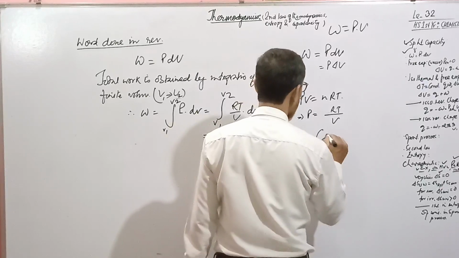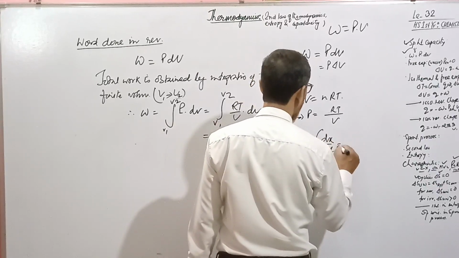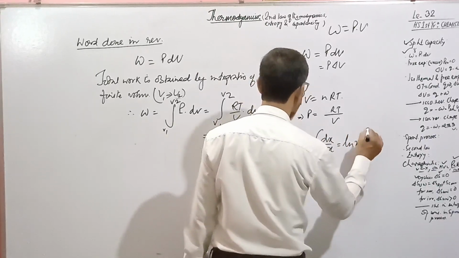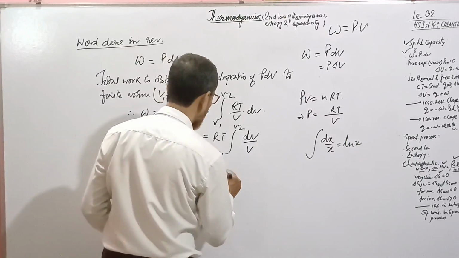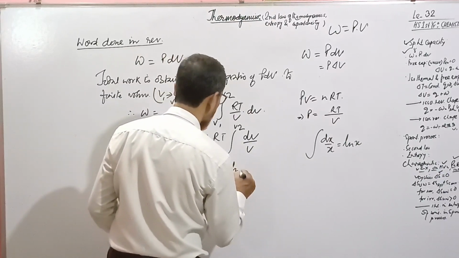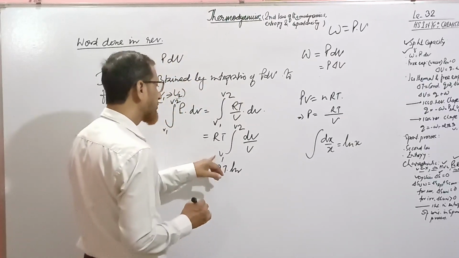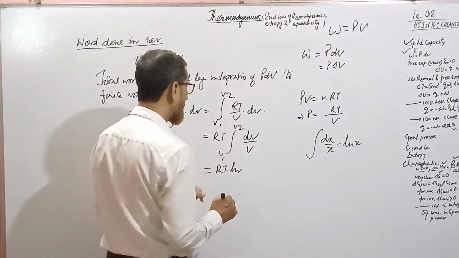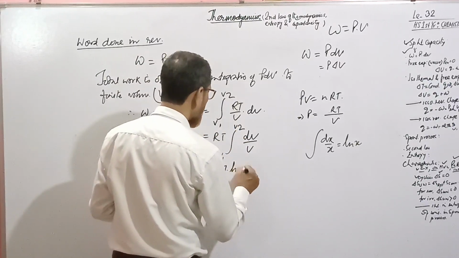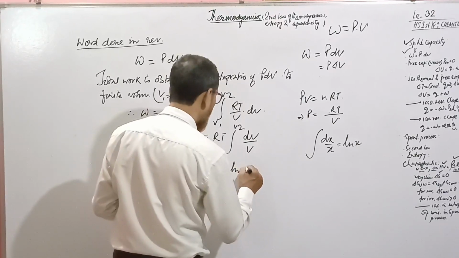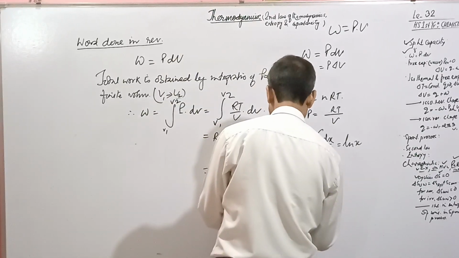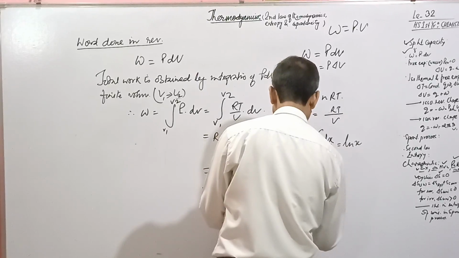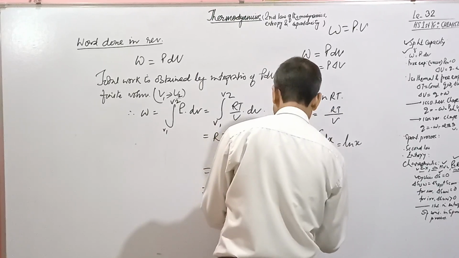So we know the integral of dx by x is equal to ln x. Applying this principle, RT times ln, and if you put the limits V1 and V2, it becomes 2.303 RT, then ln becomes log.